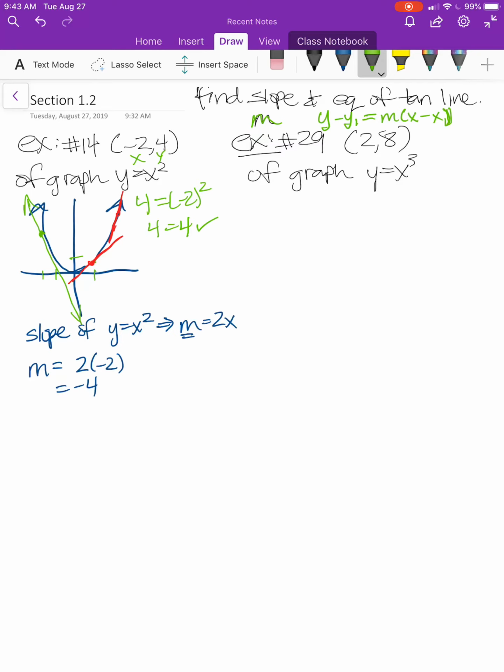That is an equation you will need to memorize if you don't have it already. We will use that all semester. So we have x and y above. Just plugging in that formula, y minus 4 equals m, which we just got was negative 4, times x minus x1, which is negative 2.